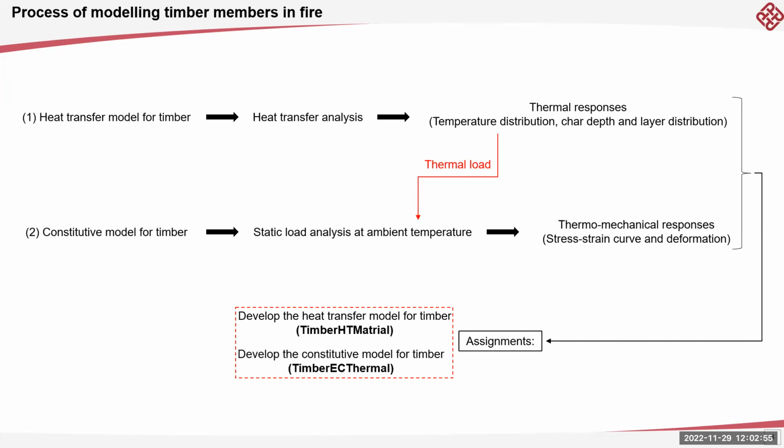And for the second step, we need to build a constitutive model for timber to do the static load analysis at ambient temperature. With the help of the thermal load from the heat transfer analysis, we can do thermomechanical response analysis, such as the stress-strain curves and deformations.